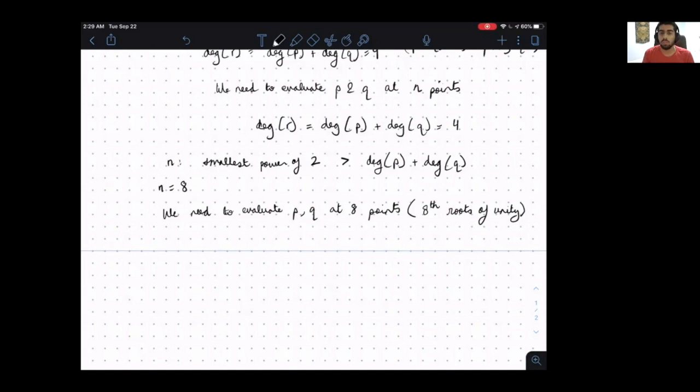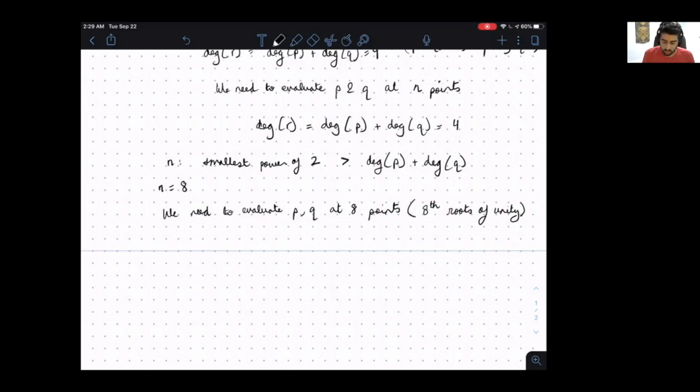I'll get to those properties in just a second. But apart from those special properties, there's nothing more special about these roots of unity for this specific problem.